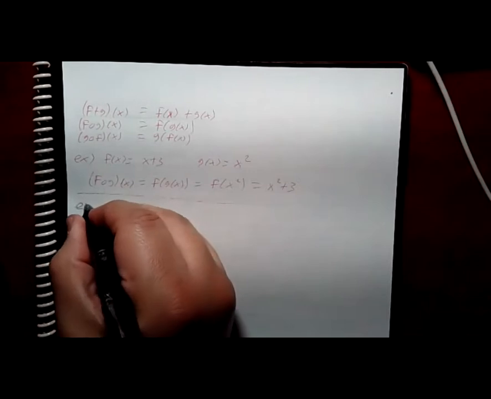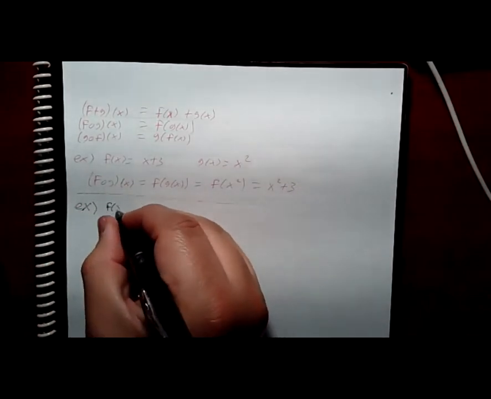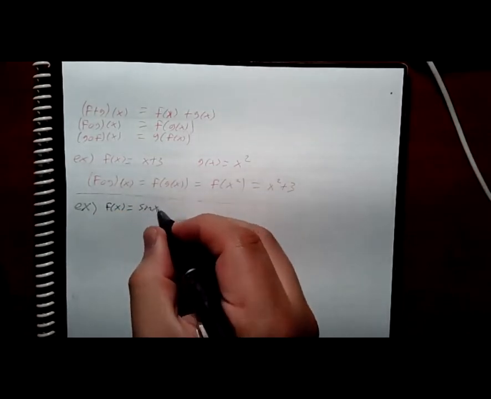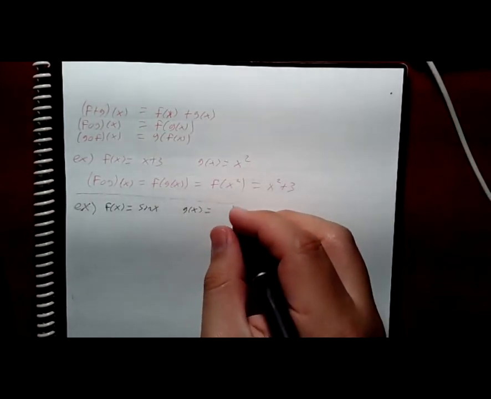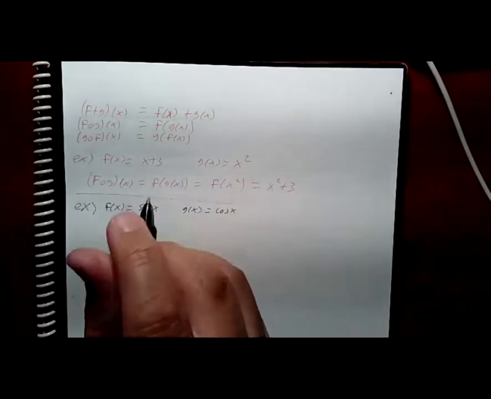This is dead. All right. F is equal to sine X. G is equal to, let's say, cosine. So if they tell you, what number are we on? Example number 4.